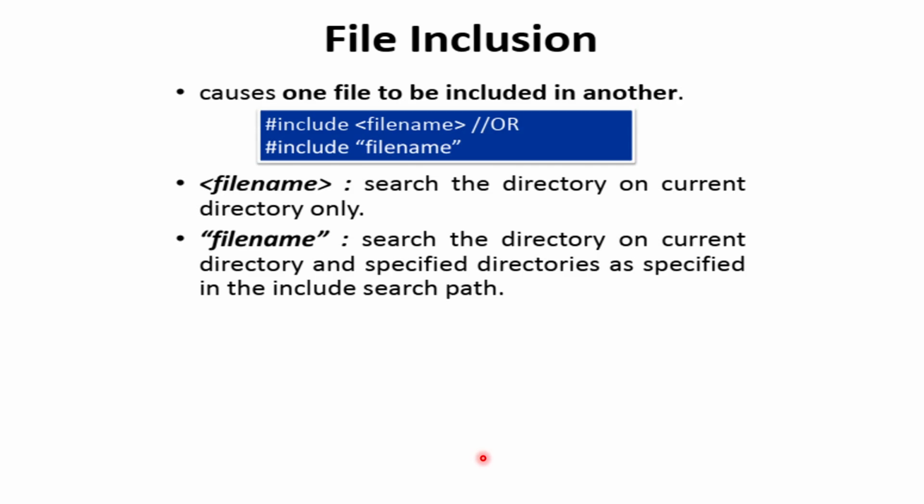You see, this file inclusion you have used, maybe unintentionally, till date in your program. File inclusion is required in the sense that in most cases you are writing a program that requires some functions, and that function may be written in another file, the definition of the function or how it works.